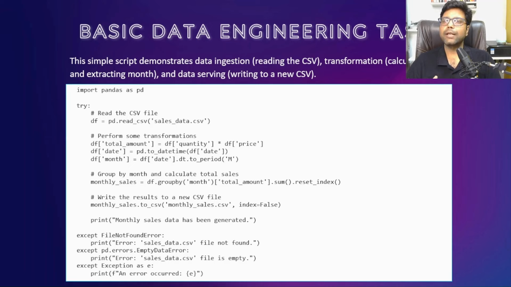It is able to handle any issues with the data. It is able to handle any issues with the file. Hence, if we put it inside the try, and if there are any errors or exceptions that we want to catch, we can catch them, or we can throw an error, or based on that we can take certain steps.